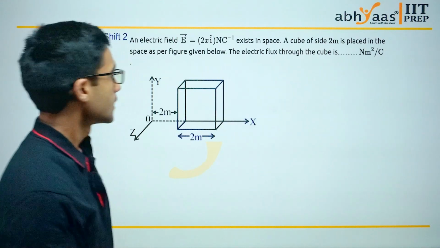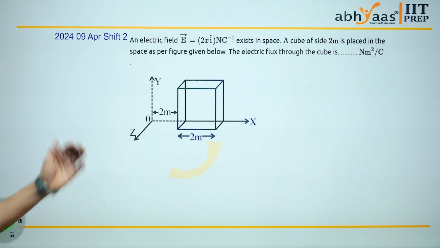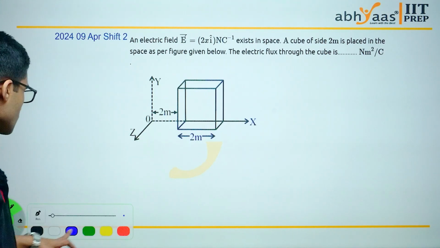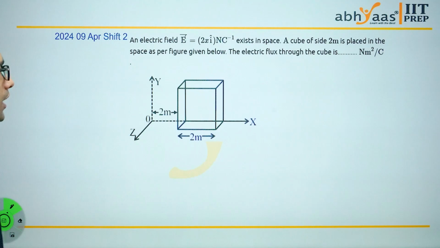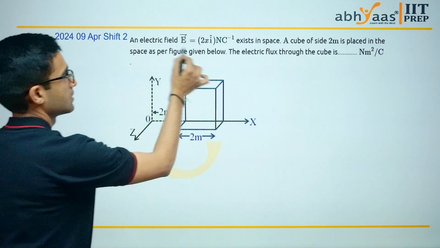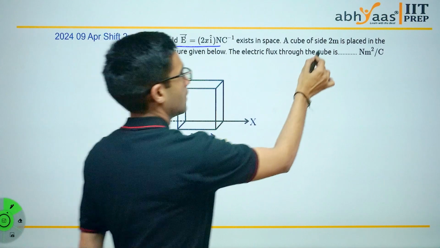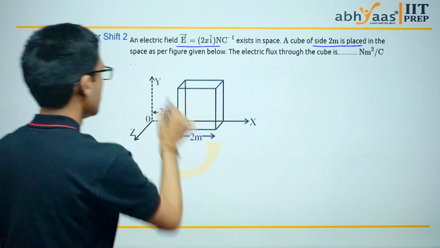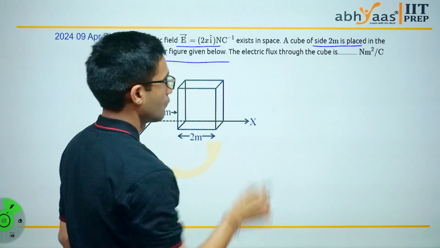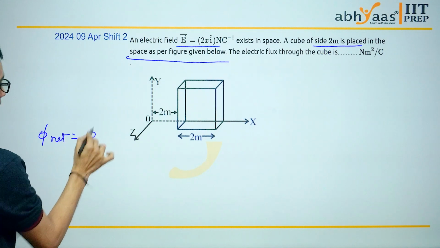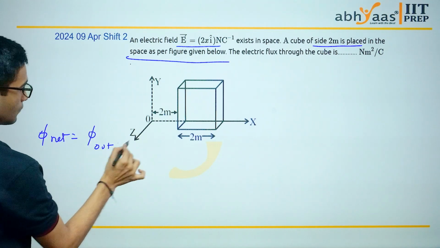Next question. In this question, you also need to calculate electric flux. Initially here two things are given. Electric field is given as 2x i cap, and a cube of side 2 centimeters is placed in the space as per the figure. Phi net is equal to phi out minus phi in.